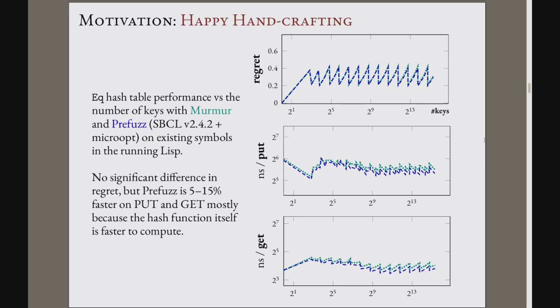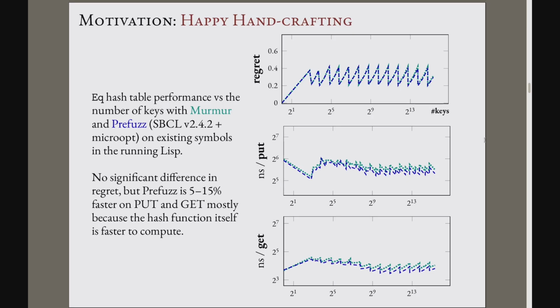So they are identical. But the point of prefuzz is that it's a heuristic, hand-designed function that is supposed to work really well for certain use cases. And you can see in the numbers on the next two graphs, for insertion (put) and lookup (get) performance, that prefuzz does indeed enjoy a small 10% advantage over murmur.